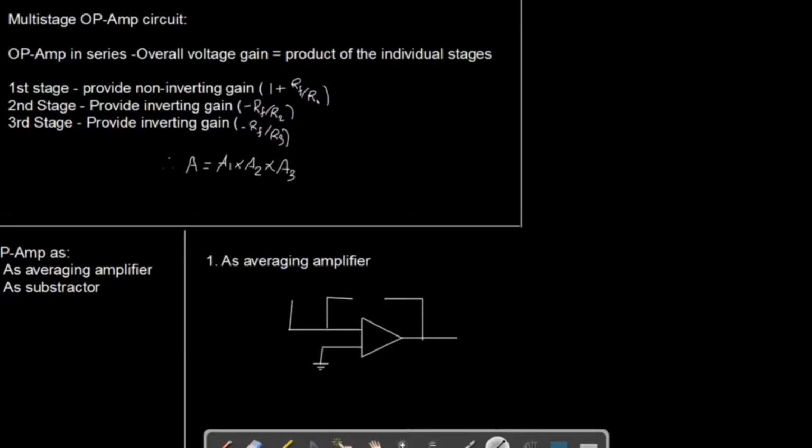We are going to have three resistors connected in parallel to each other, and all of them have a common connection with the inverting terminal. So maybe this is the voltage across the first resistor, this is the voltage across the second resistor, and this is the voltage across the third resistor.